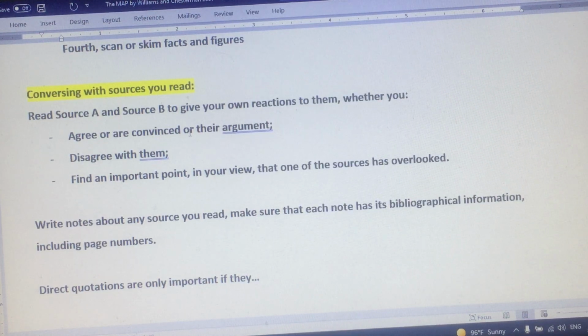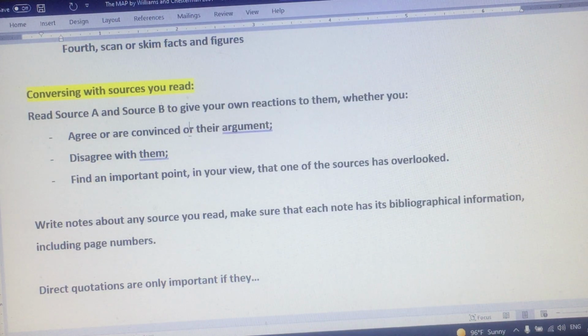Secondly, you might disagree with their arguments. So source A and source B, maybe you don't agree with them. You need to read as if you are conversing, as if you are talking to these books, by agreeing and disagreeing.